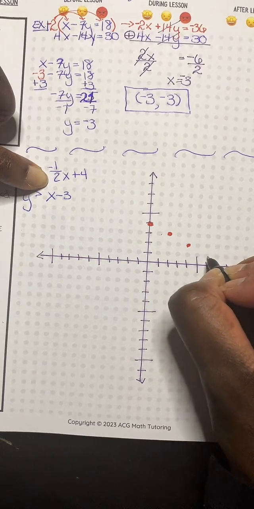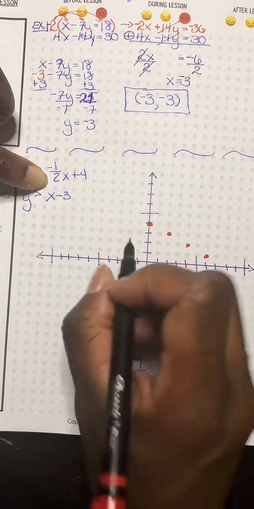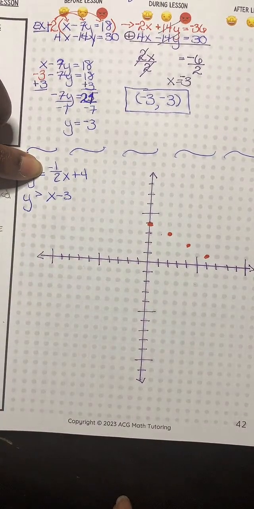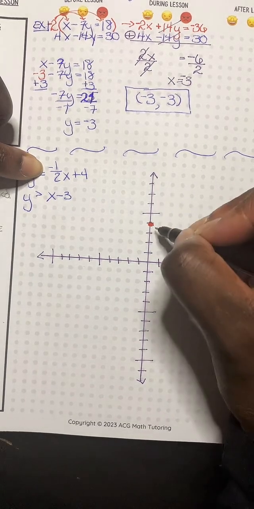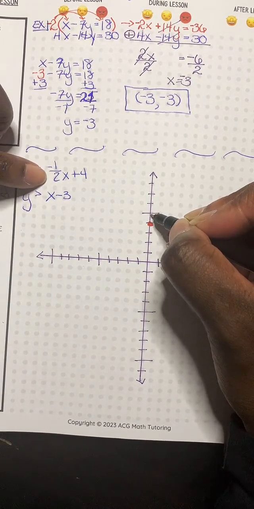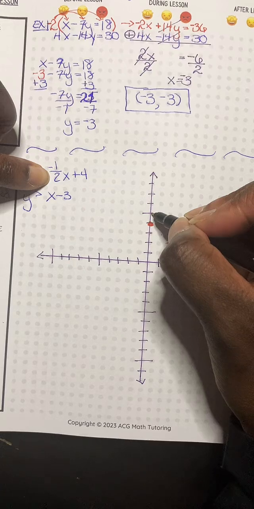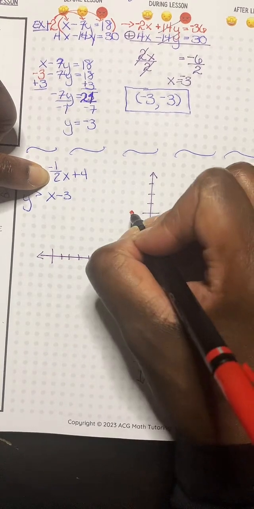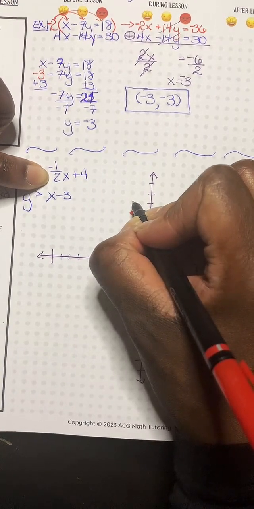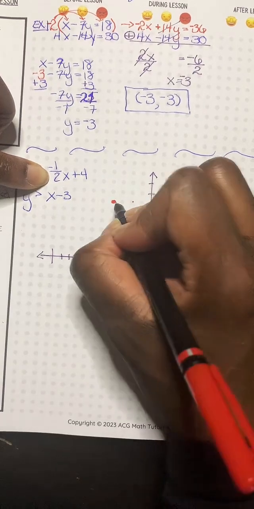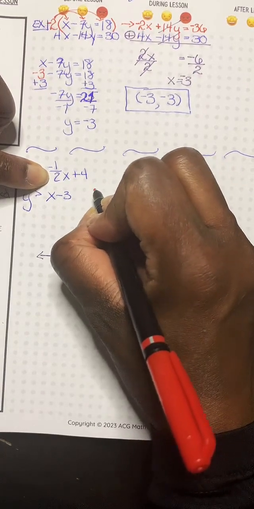Now, with a negative slope, you can read it one of two ways. I can also say my rise may be positive, but my run will be in the negative direction. Okay, I can go up 1, but I can go over to the left 2.